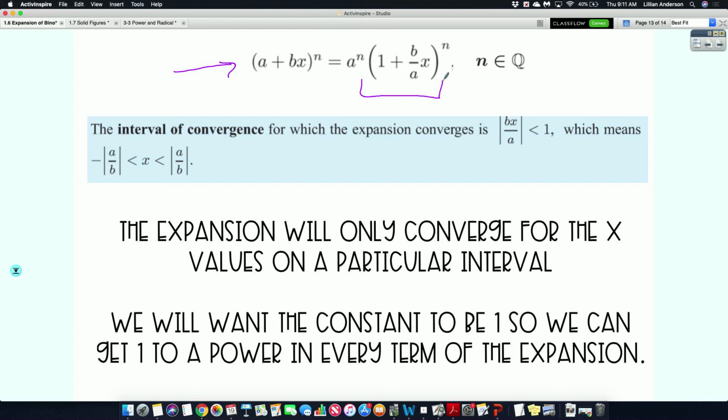This presents to you an interval of convergence for which the expansion converges for a particular interval that is less than 1. So basically from negative absolute value a over b to absolute value a over b, these are the x values in which this particular expansion is going to converge to one number. Okay?